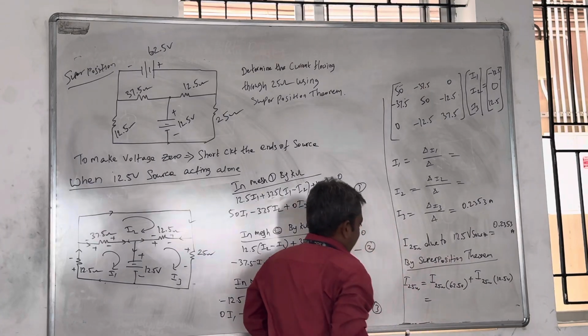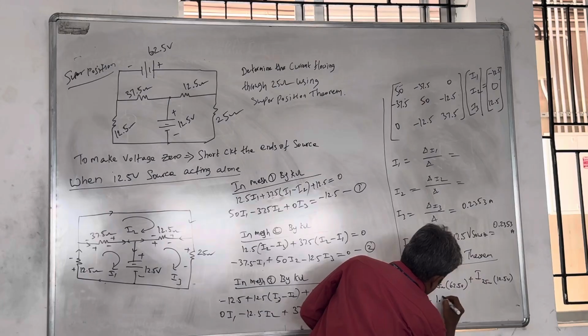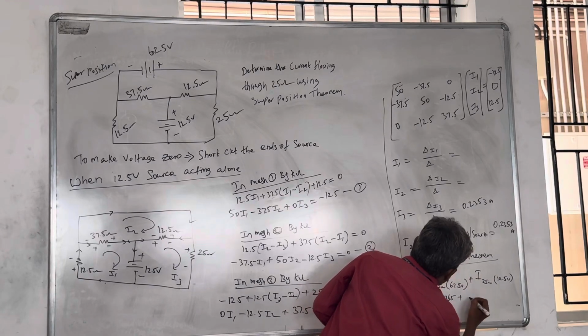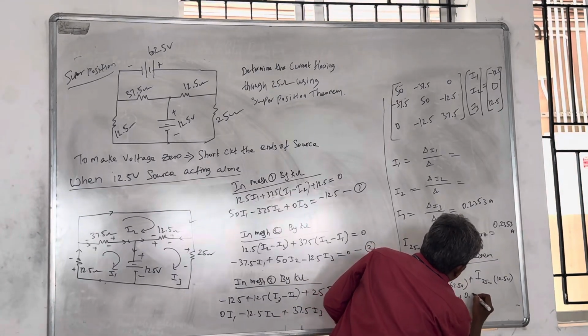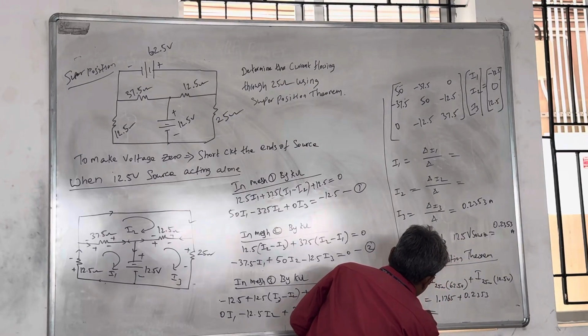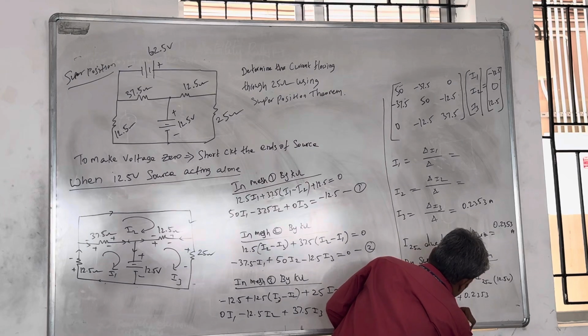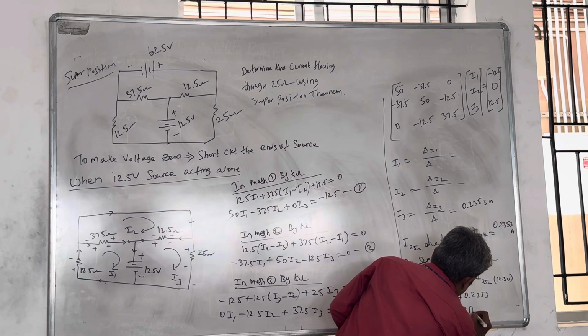So you write the values already found: 1.1765 plus 0.2353 equal to 1.4118.